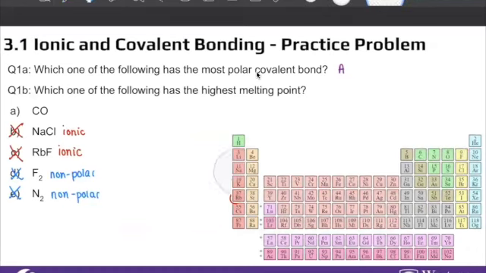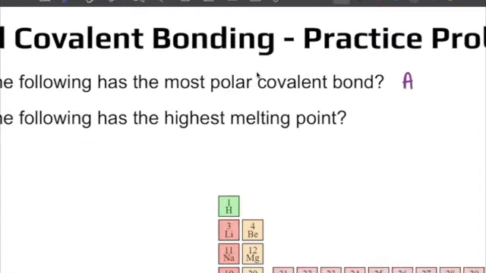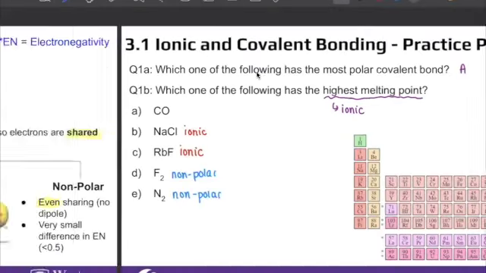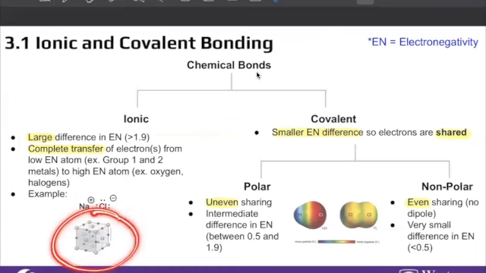Okay, and then for part B, it says, which one of the following has the highest melting point? So anytime you see a question that's asking about high melting point, immediately you want to think ionic compounds. And the reason for that is if you go back to this picture of the lattice that I put, remember I said that that's a very strong structure.